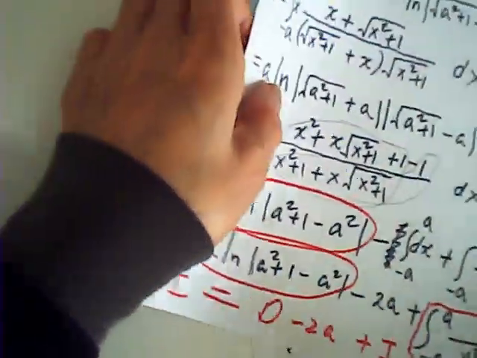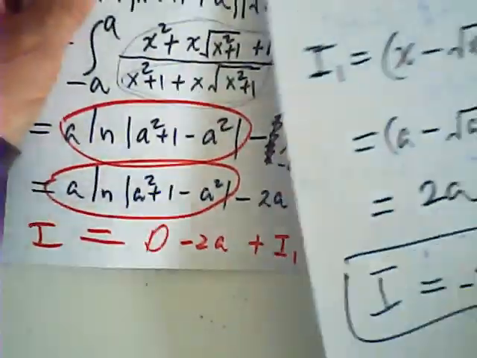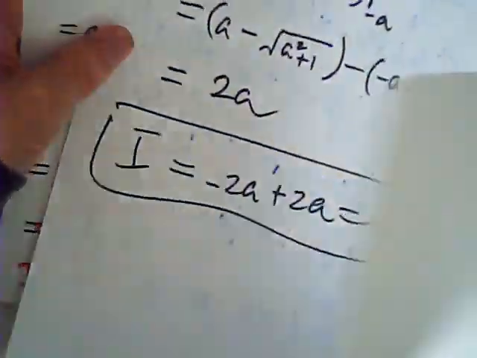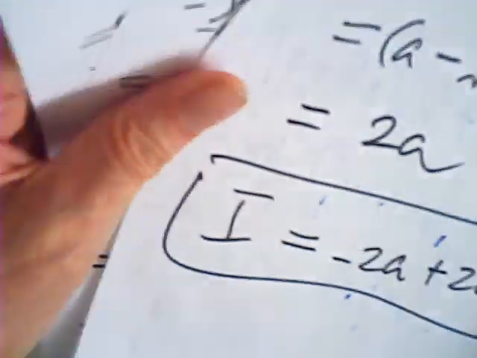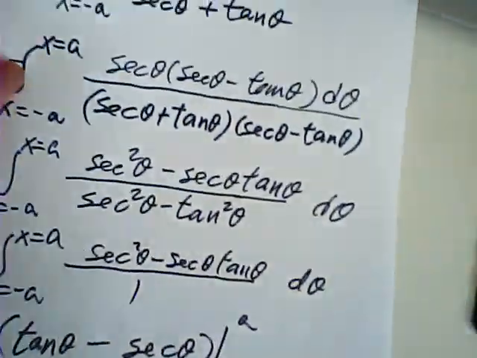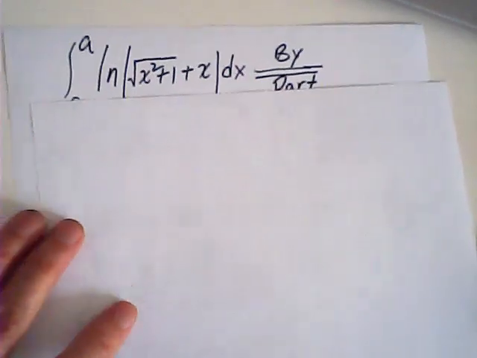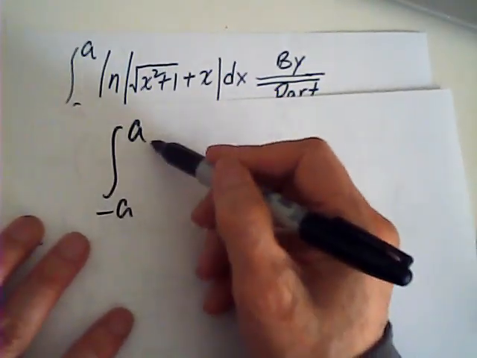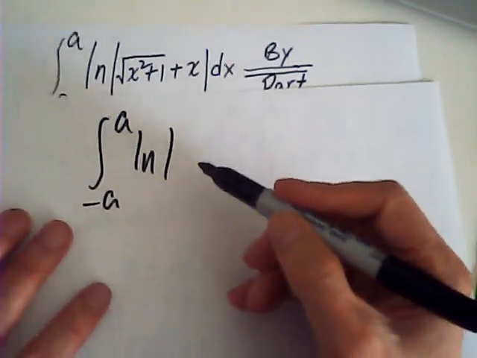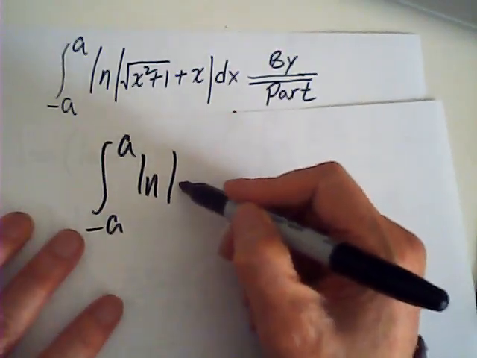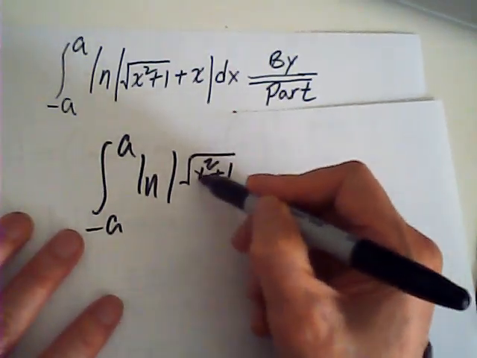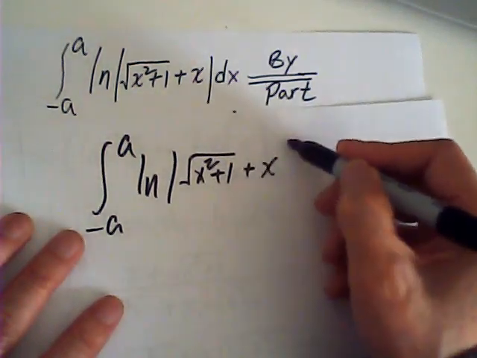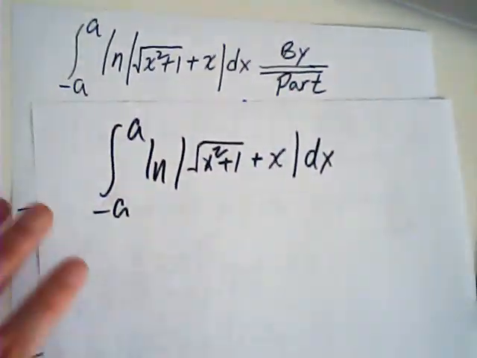Okay, that's method 2, which is quite long. Method 3. Method 3 is very simple because look, this is the integral from negative a to a of log of the square root of x squared plus 1 plus x, dx.